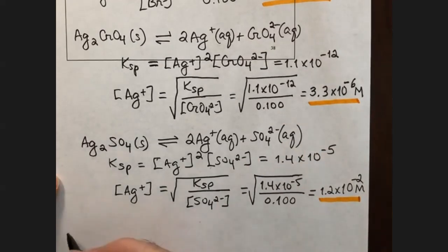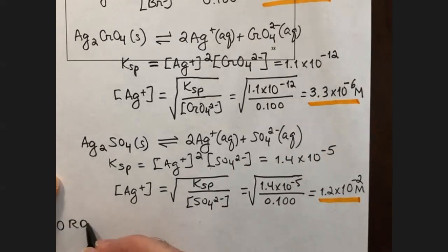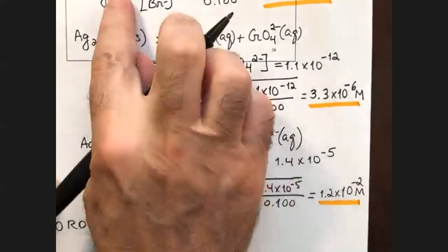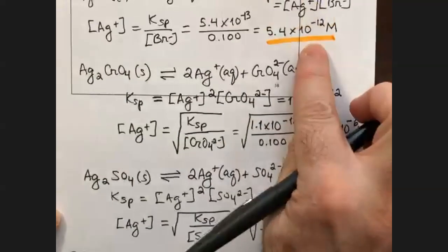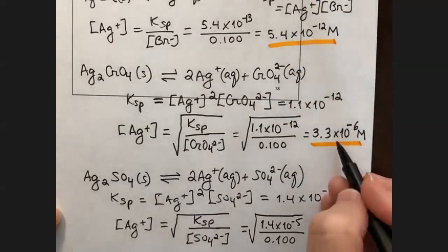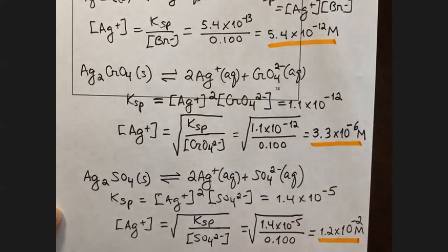So in other words, the order in which they will precipitate is first silver bromide, because it'll precipitate at a very, very small concentration. Followed by the silver chromate, right?